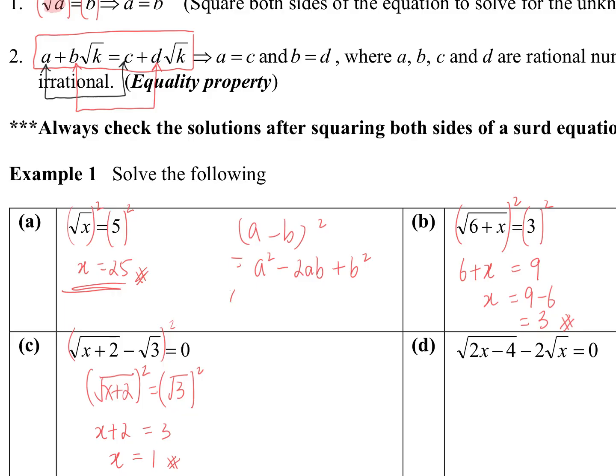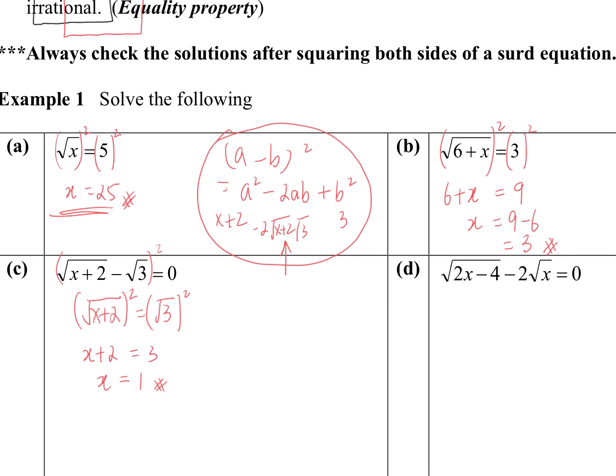So you end up having this, but the middle part is the disgusting part that you don't want to handle. I cannot square things one by one. I must square the whole thing together. It cannot be applied this way. So when you square them directly, you will end up introducing a term and complicating the method. So you got to do it the right way.